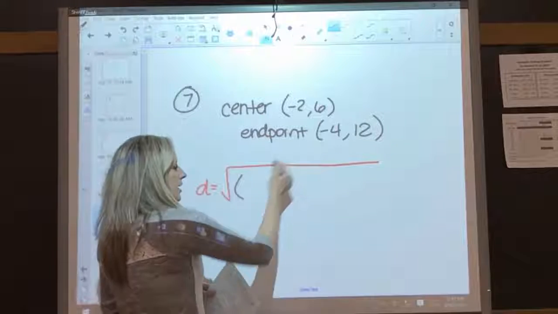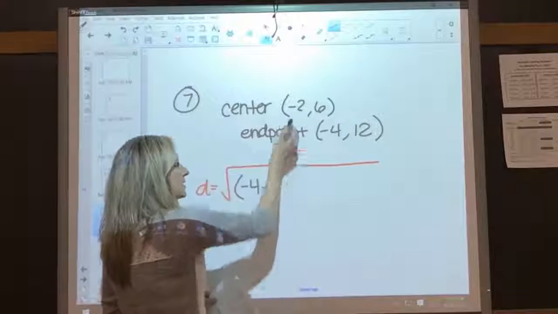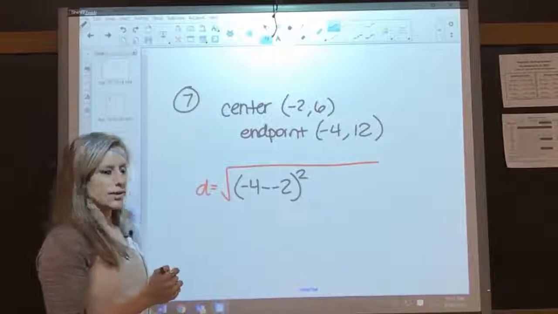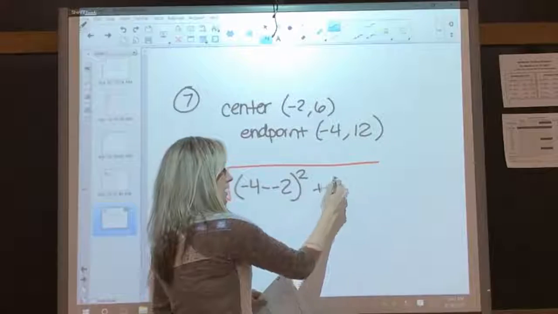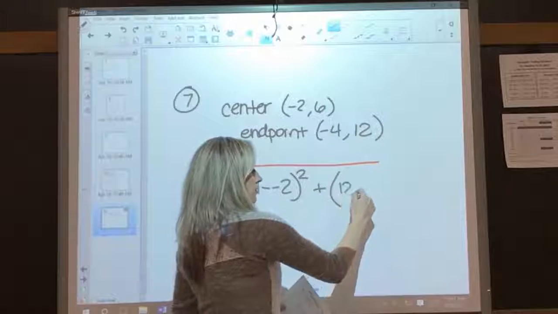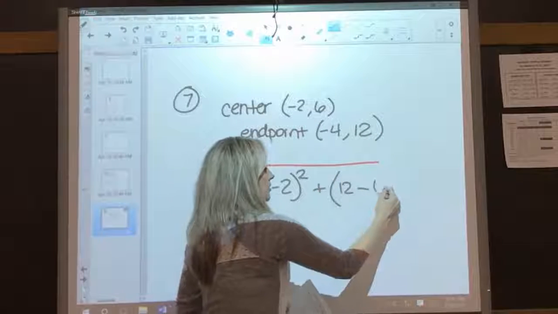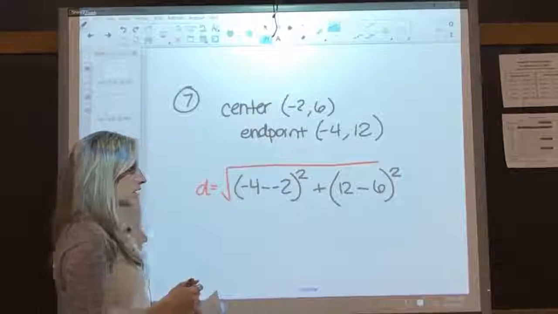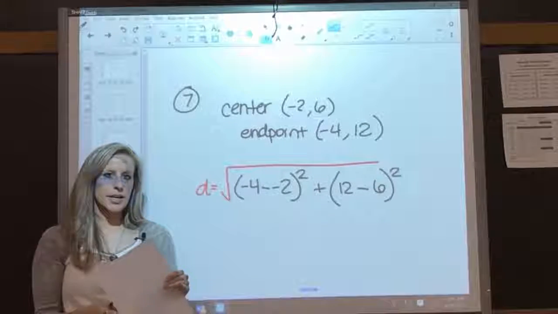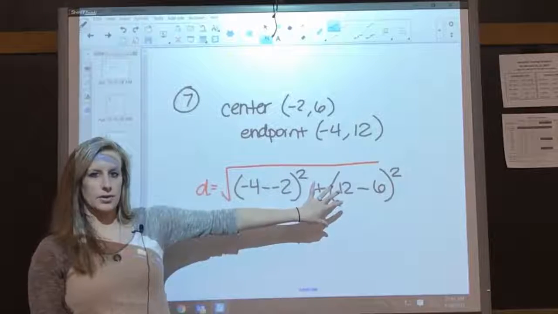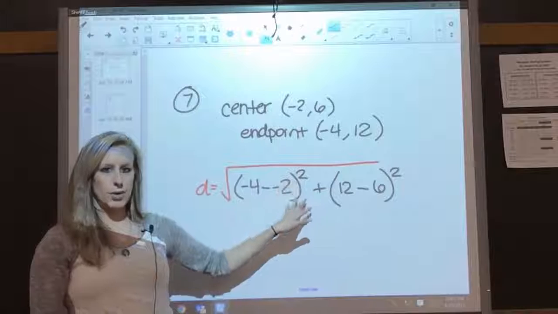So I'm going to take -4 minus -2 for my x's, and I'm going to square that. Plus, I'm going to take my y2, which is 12, minus y1, which is 6. I'm going to square that. Now, in your calculator, I would put in just everything that's underneath the radical. So don't square root it yet.